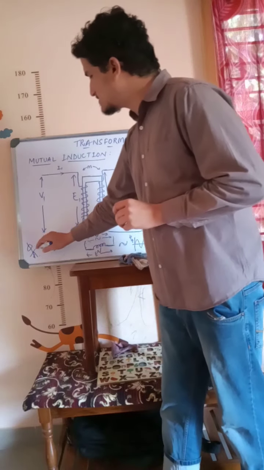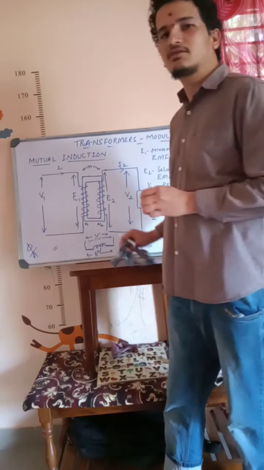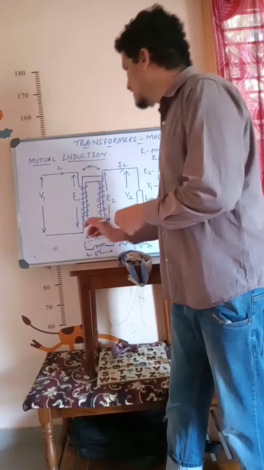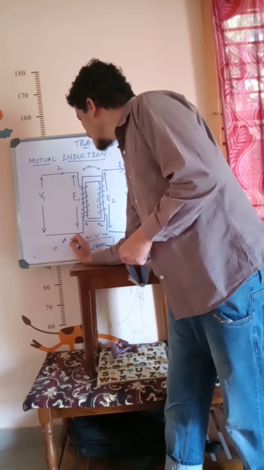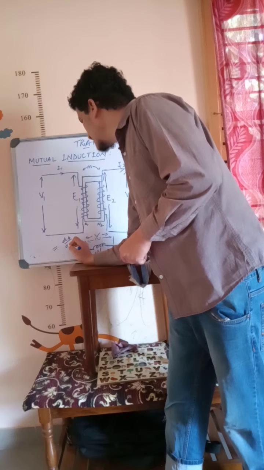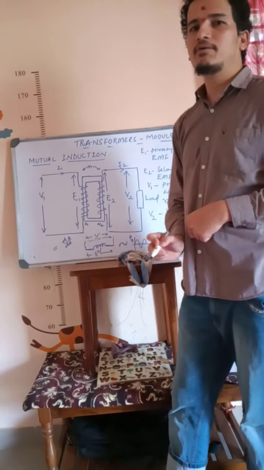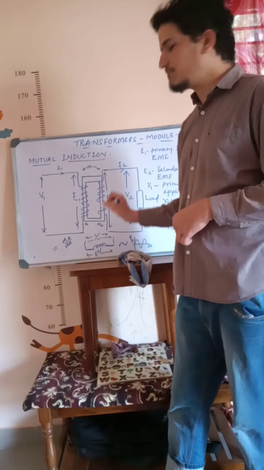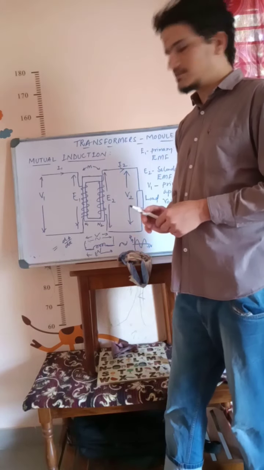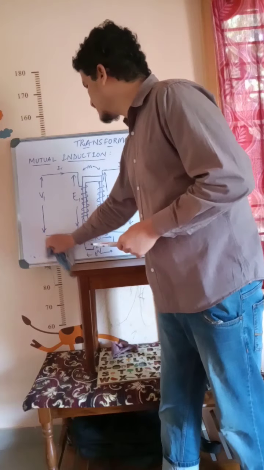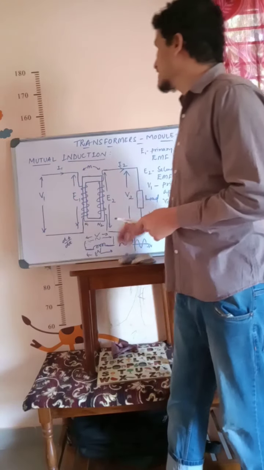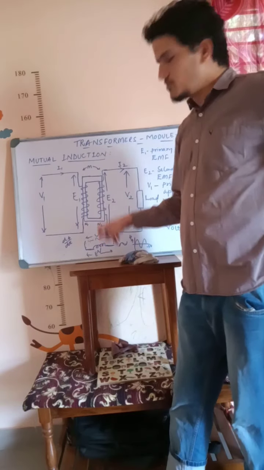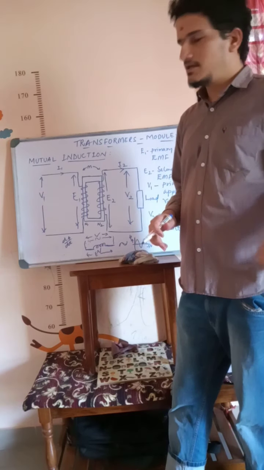If the flux density increases, it means flux is increased. So if d phi by dt increases, the magnitude of the EMF induced also increases.